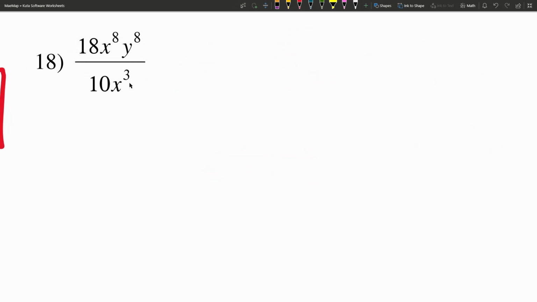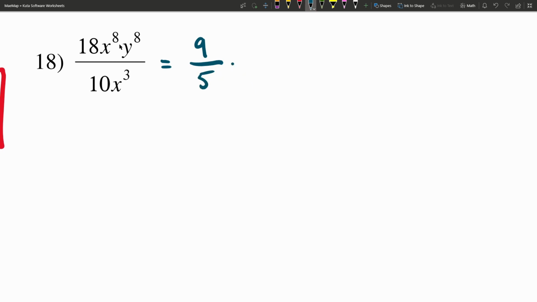So just as before, looking at number 18, we know that we have more x's in our numerator than our denominator, so those are eventually going to get canceled out. So we're not going to have any x's in our denominator, and we're also not going to have any y's because we only have y in our numerator and there's no base of y in our denominator. So let's start by first simplifying down our coefficients. 18 and 10 are both divisible by 2. 18 divided by 2 is going to give us a 9, and 10 divided by 2 is going to give us a 5.